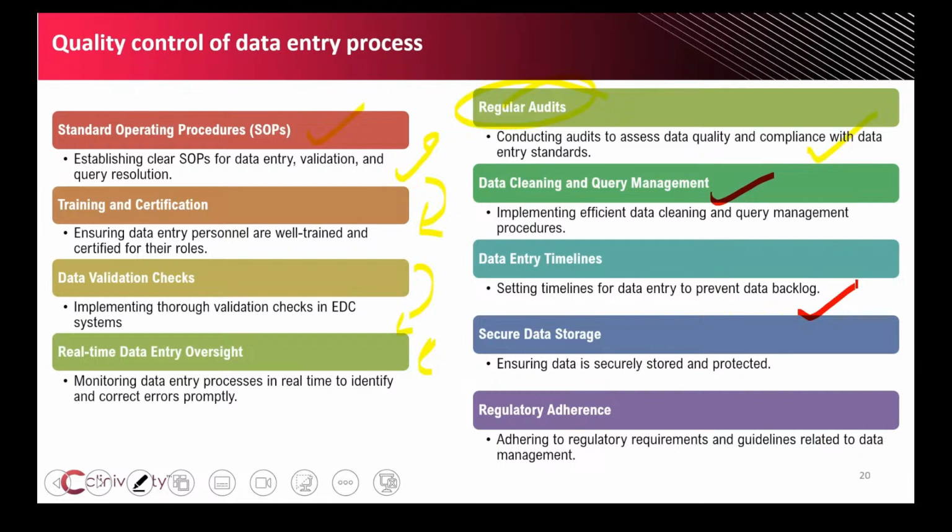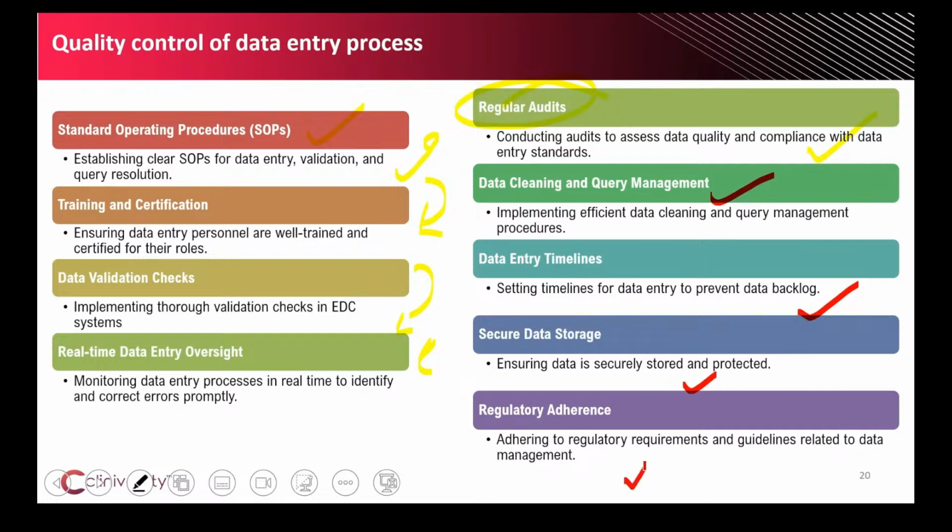Then securing the data: the data that has been received and entered is secured, stored correctly, and protected enough. There are enough security measures to ensure there are no data breaches or leaks of data.